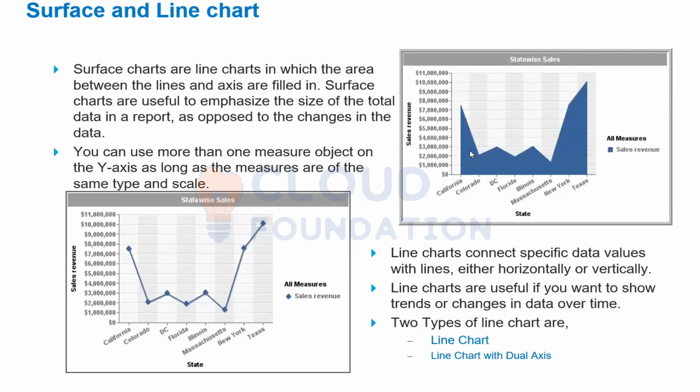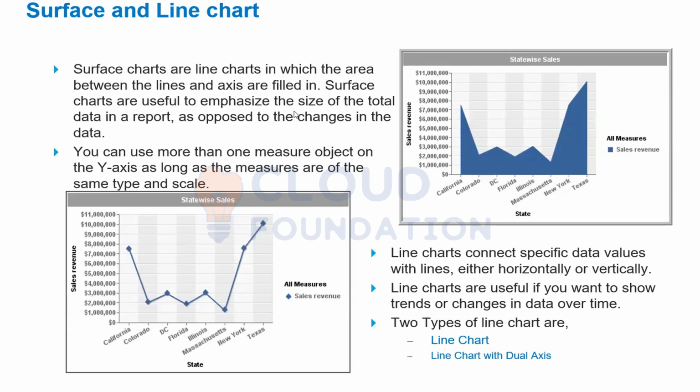This is a surface and line chart. Surface is like it will show the level. It is a filled chart, kind of. It is similar to a line chart, but a line chart is just the trend it is going. But a surface chart fills up. It's not just a line. It fills up until where we have the data. So surface charts are line charts in which the area between the lines and axes is filled in.